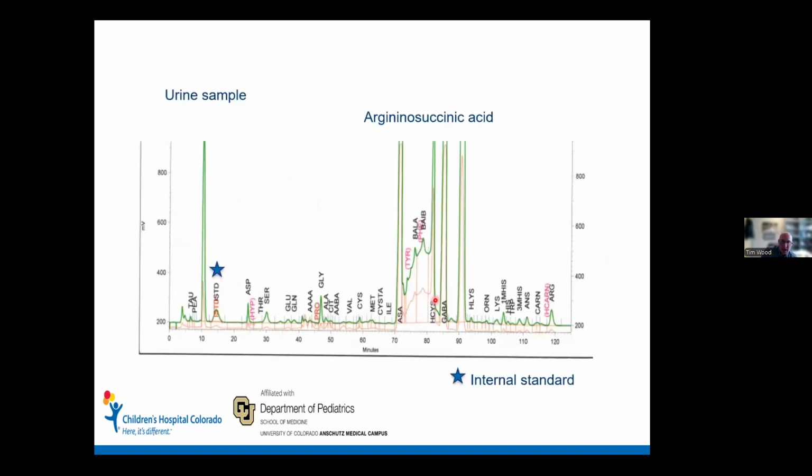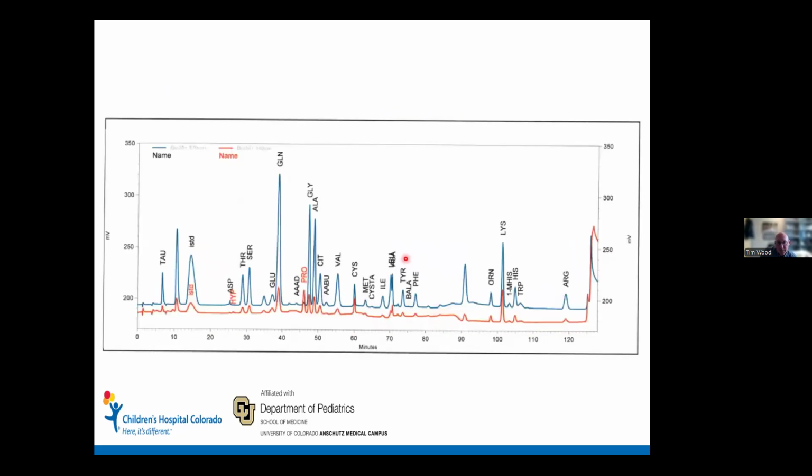So again, let me go back. It's nice, big, easy peaks to see, but it can be a little more subtle in plasma. And when we talk about mass spectrometry, I want to come back to this. Typically I don't worry much about these little peaks if I don't see an elevation in citrulline, but Pete's team, or the team here, does follow one patient who's homozygous for the mildest ASL mutation.